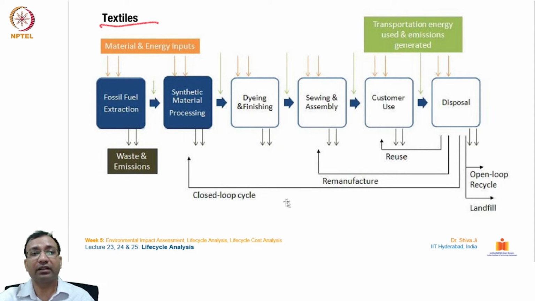Then if it goes to the processing unit again, it closes the cycle of its life cycle. But if there is open-loop recycling, or if it ends up in the landfill, that's the worst part which could happen with this industry. So this gives a generic life cycle of the textile industry.